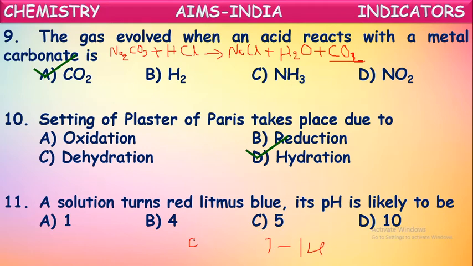So 0 to 7 means it is acidic. Now, if it is a basic solution, the pH range is in between 7 to 14. See the number which is given in between these two numbers, 7 and 14, which is 10. So the solution with pH value 10 can change red litmus blue.